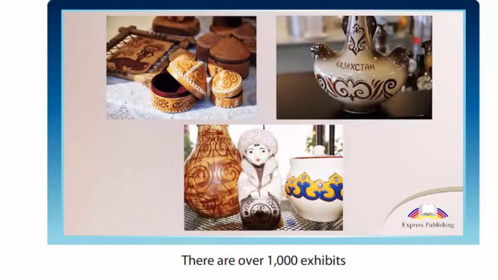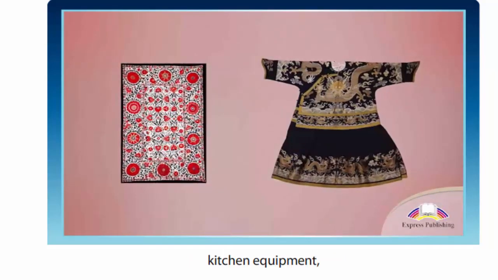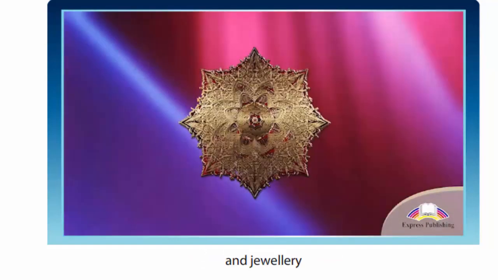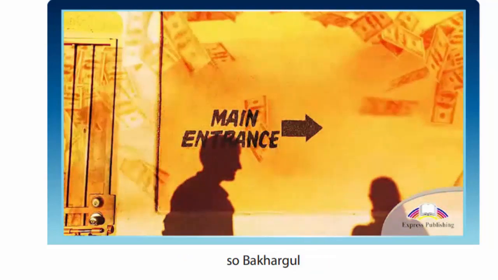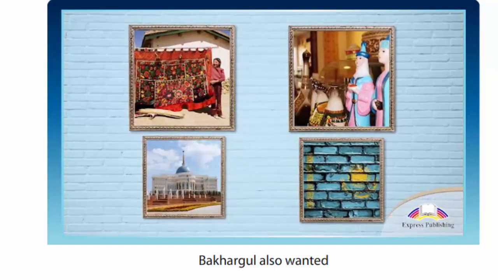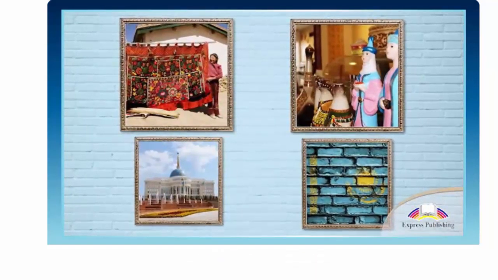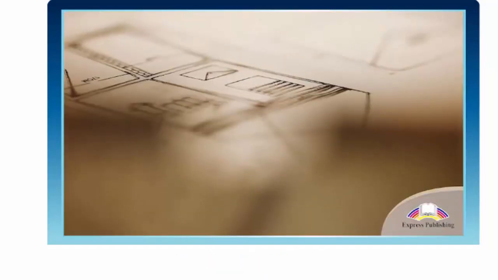There are over 1,000 exhibits in the museum now, including rugs and clothes, kitchen equipment, ancient weapons, and jewelry that is centuries old. Entrance to the museum is free, so Bakargul doesn't make any money there. Bakargul also wanted to share the beauty of her country's history with tourists and locals. So she set up another business, Ademi Ai.